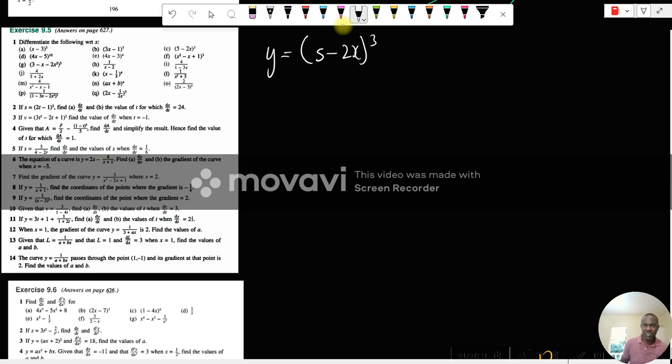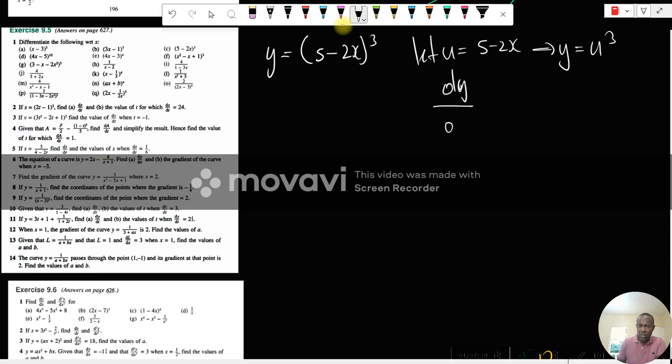So we should be able to recognize that this is a composite function. 5 minus 2x is a function of x, and by raising all of that to the power of 3, it becomes a composite function. So right away, we're going to say let u equal 5 minus 2x. Now, if u equals 5 minus 2x, then y is equal to u cubed. And then you can proceed to differentiating.